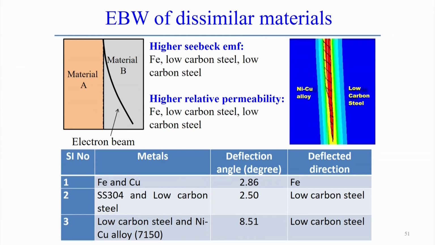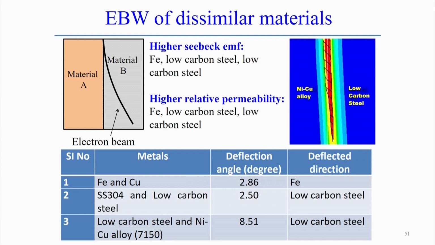But if we look into all these combinations, we try to see which side the higher Seebeck electromotive force, Seebeck EMF, will be generated. In all these three cases, the first case is iron, the second case is low carbon steel and the third case is also low carbon steel: the higher side of the EMF generation and higher relative permeability. Since the magnetic permeability of these materials is different, that actually helps to create the beam deflection.